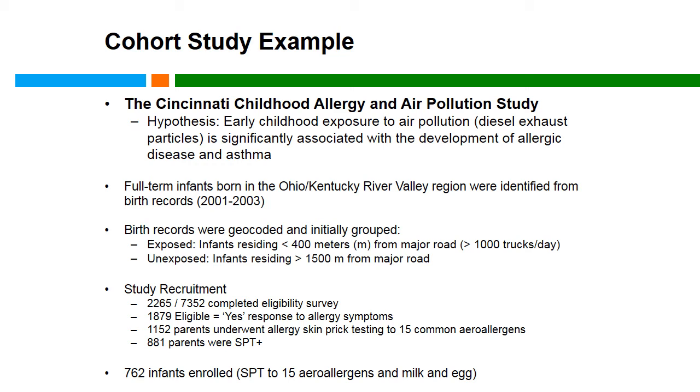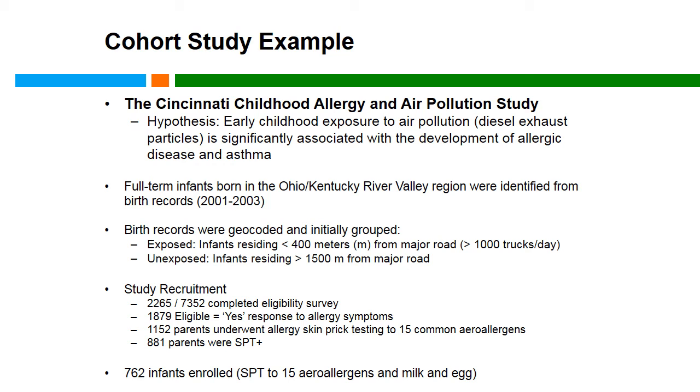Just to give you an idea of the time and expense it takes to do a prospective cohort study, the recruitment took almost 3 years. We contacted more than 7,000 individuals and families. 2,265 of them actually responded to our eligibility survey. Of those, 1,879 were eligible for the study. We had 1,152 parents come into one of the clinics and actually do a skin prick test.